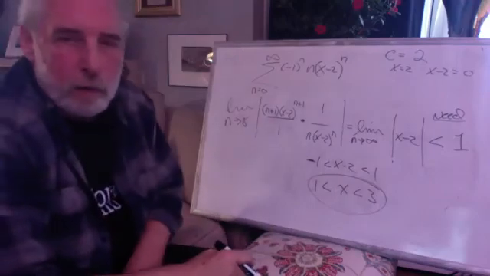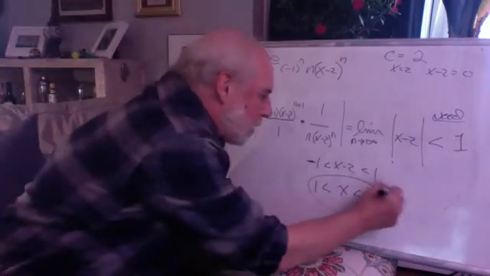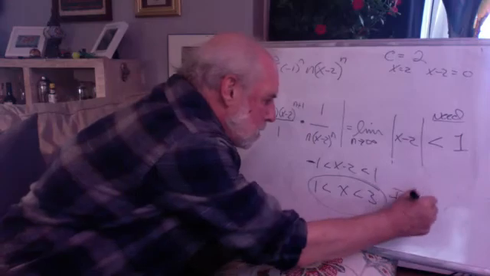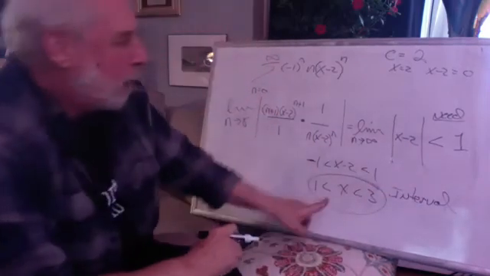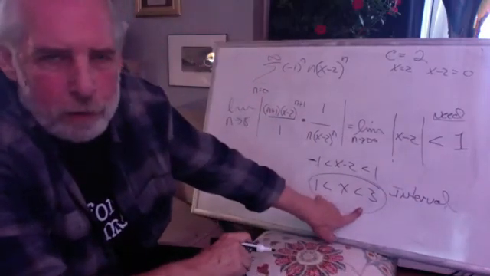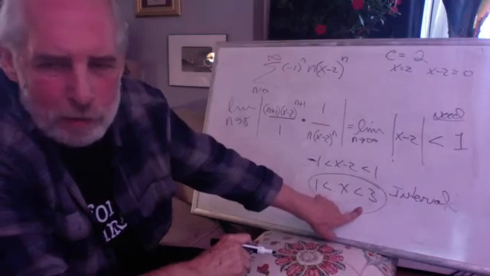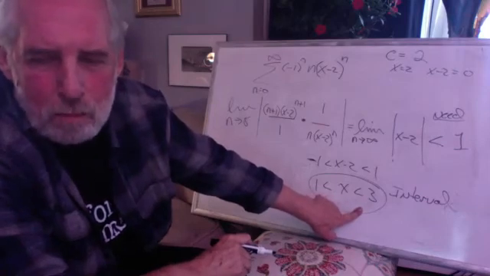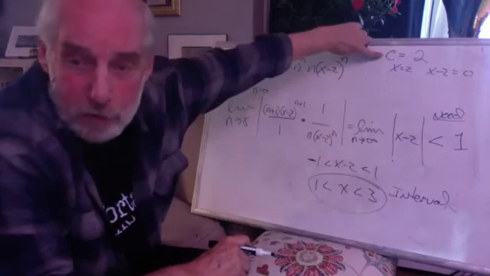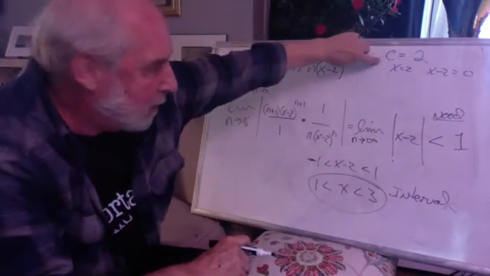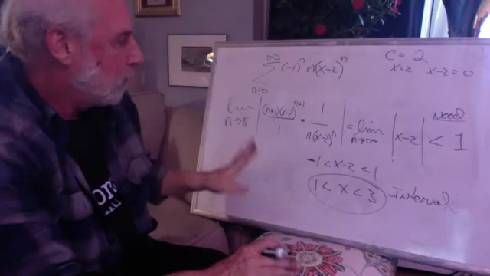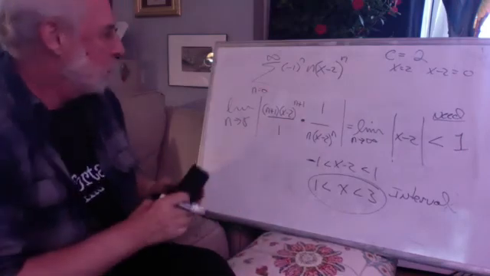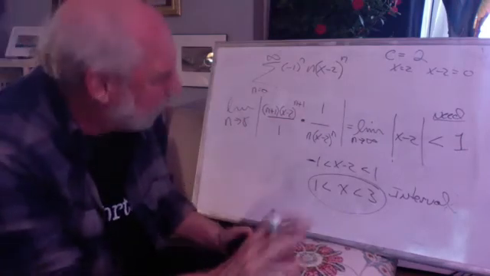Okay, so there's the interval of convergence. And what number is right in the middle of 1 and 3? Which is the center, 2. So it really is the center here. Okay, so now we know this is going to work out.